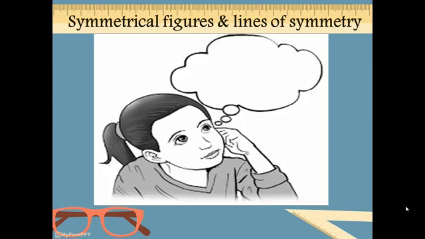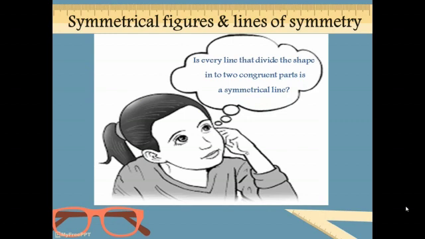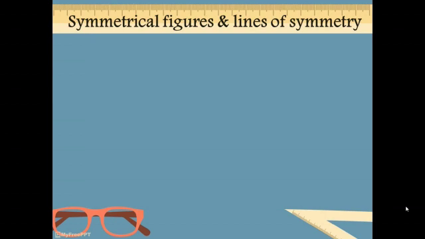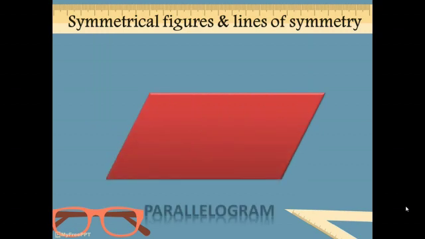Now, you may ask yourself, is every line that divides the shape into two congruent parts a line of symmetry? To answer this question, let's take a look into a parallelogram.